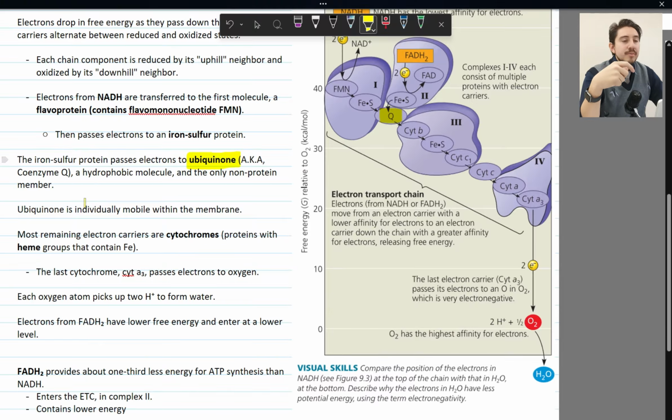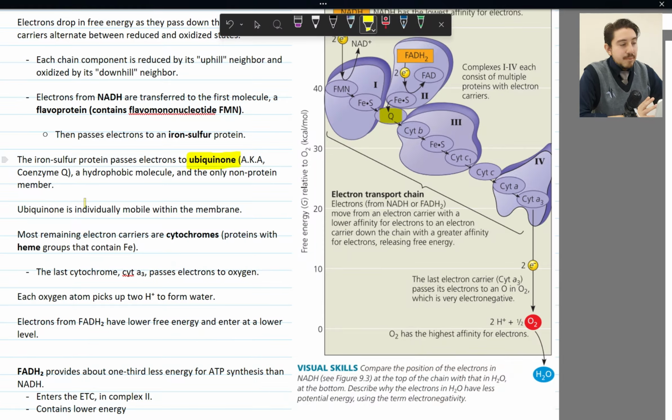Okay, and then the remaining complexes, the majority of the proteins, are known as cytochromes. Cytochromes meaning that they're proteins that have heme groups within their structure. And heme groups are chemical groups that contain iron, similar to the heme groups in hemoglobin. So they contain iron.